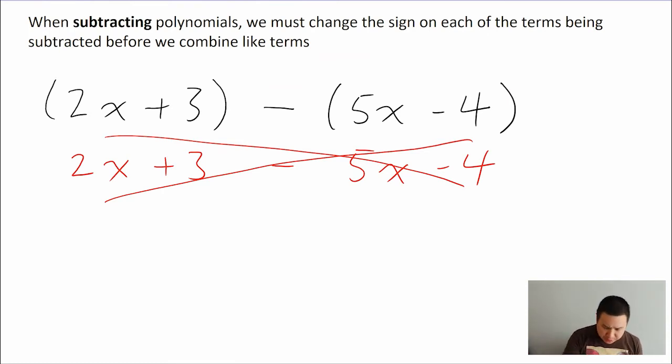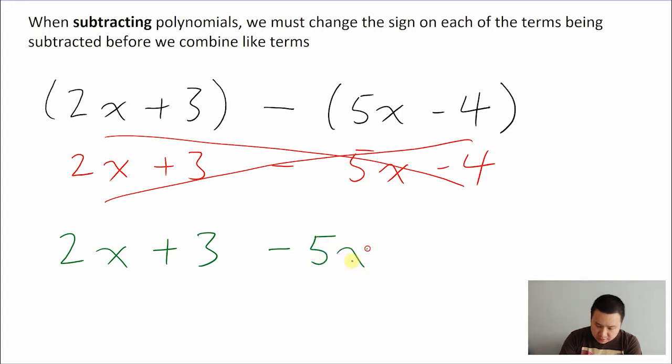So if you think about this, what's going to end up happening is this 2x plus 3, that's fine. That doesn't change. But here I'm subtracting 5x minus 4. So that means I'm going to subtract 5x. So when it pops out of this, it should be a negative 5x. And then I want to subtract negative 4.